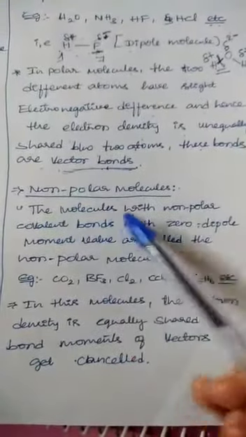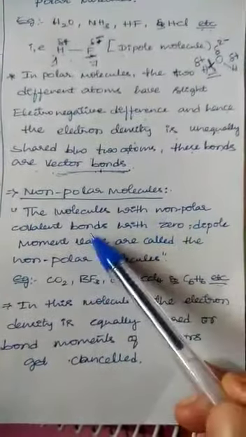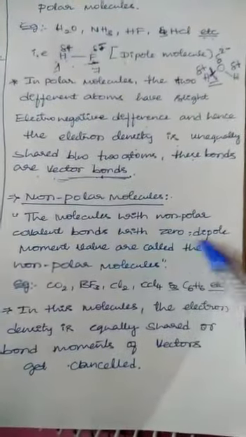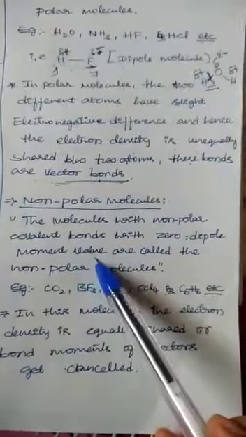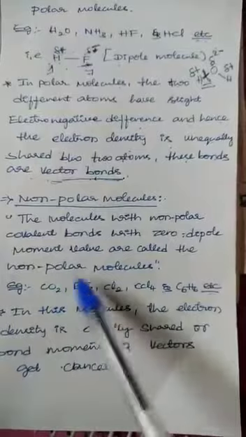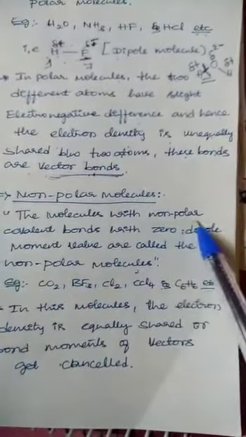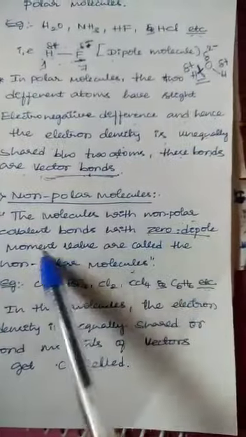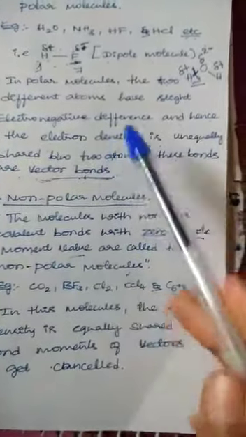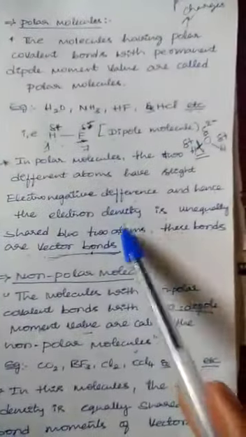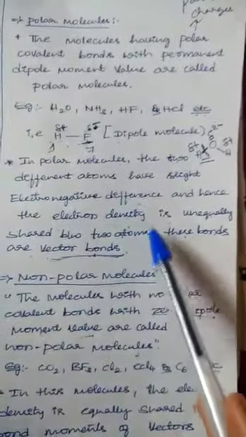Next, coming to non-polar molecules: molecules with non-polar covalent bonds with zero dipole moment value are called non-polar molecules. These non-polar molecules have zero dipole moment value. But in the case of polar molecules, they have some dipole moment value.